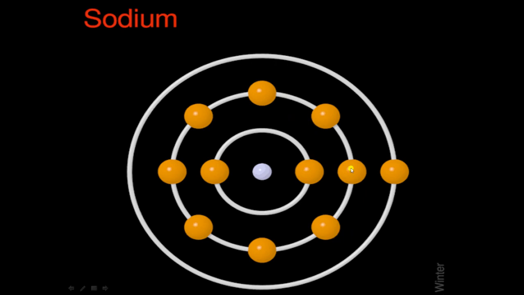If the shielding effect of these electrons is more, then what will happen? The force of attraction between the nucleus and the outermost electron will become less strong. That means the force of attraction between these two is weak. So we can easily remove this electron. So if the screening effect is more, that means ionization enthalpy will be less.